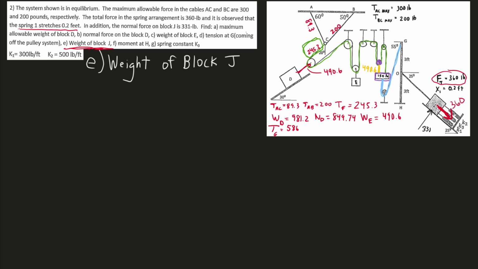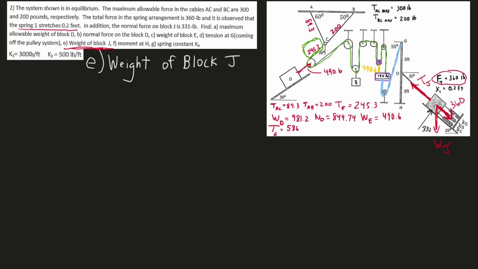What other forces do we have on J? Well, we have the weight, of course. That's going to be an unknown, WJ. And we have this tension here. We can call that TJ for the tension of J. And it doesn't say there's friction, so let's assume frictionless.